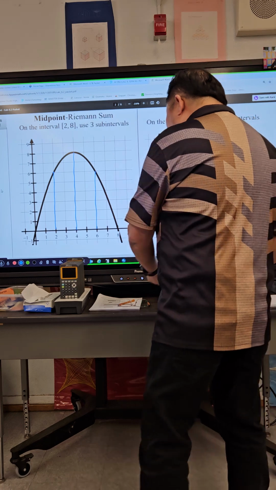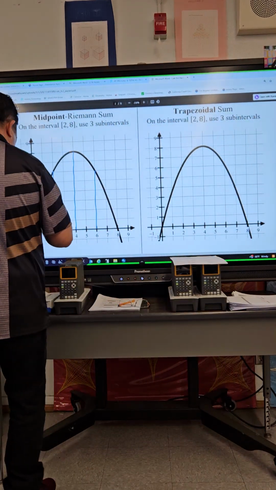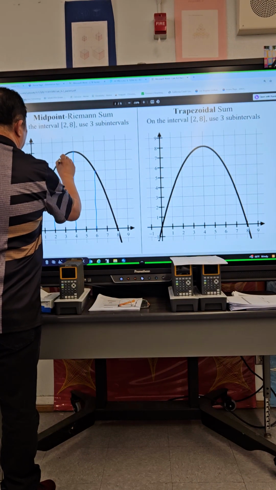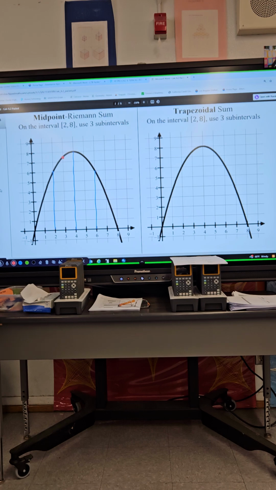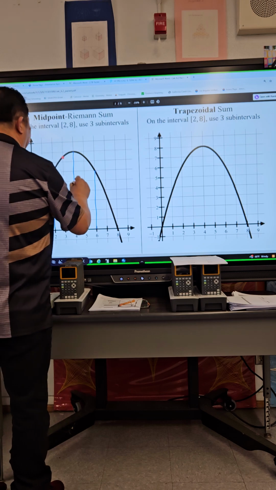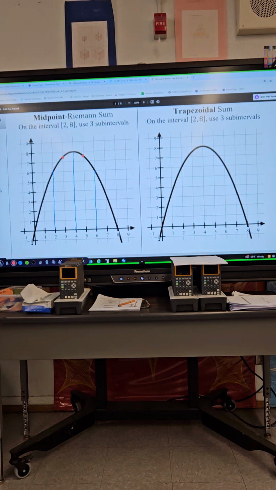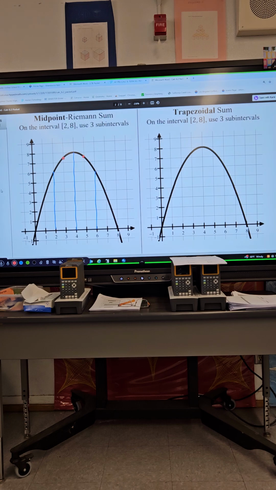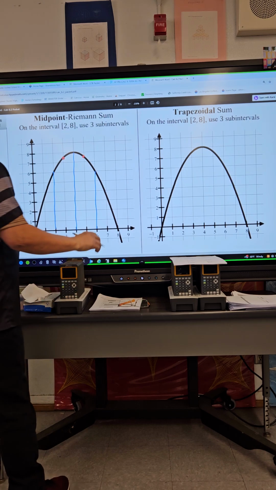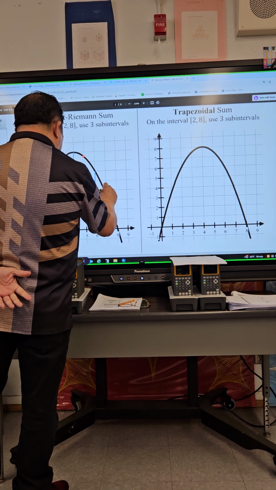Midpoint. So I'm gonna use red color, that this is the midpoint right here. And in between 4 to 6, what is the midpoint? 5 is the midpoint. And in between 6 to 8, what is the midpoint? 7 is the midpoint.